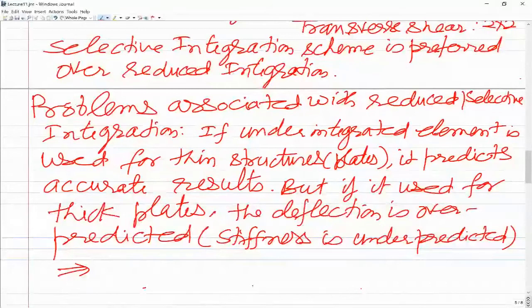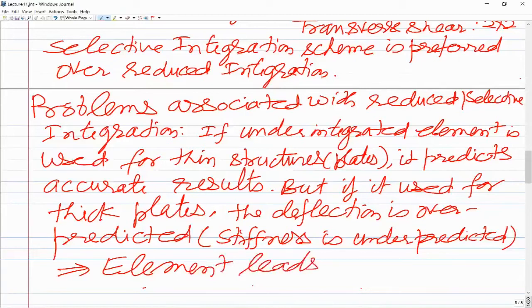If it is a plate element with W, theta x and theta y degrees of freedom, then it should have exactly 3 rigid body modes. But if you are using an under integrated element for thick plates, you will find more than 3 zero eigenvalue modes, zero energy modes, and those are known as spurious modes and also referred to as hourglass modes.